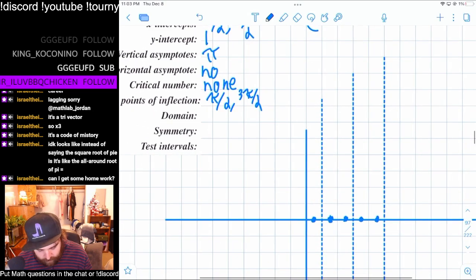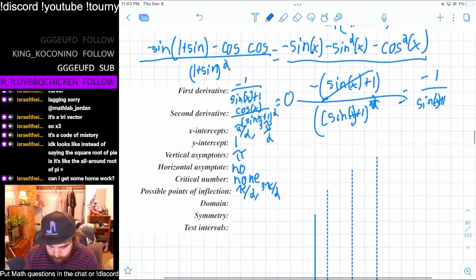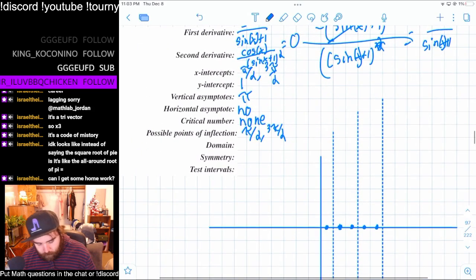There are points of inflection, but it has to turn around if it's going to hit both of those points. What? We know we have this.